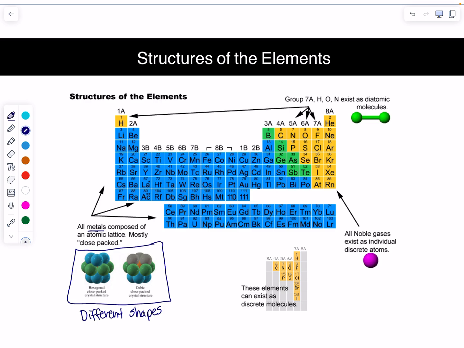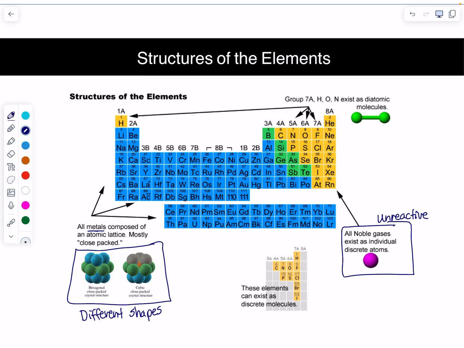Okay, so the noble gases, okay, again, they're so unreactive that they just exist as individual atoms and, again, in the gaseous state, so individual atoms that stay pretty far away from each other. Okay, so remember that these are unreactive.